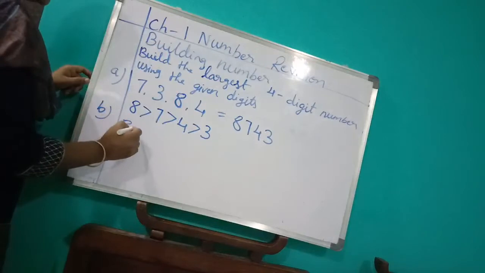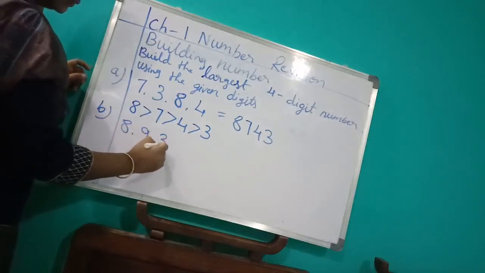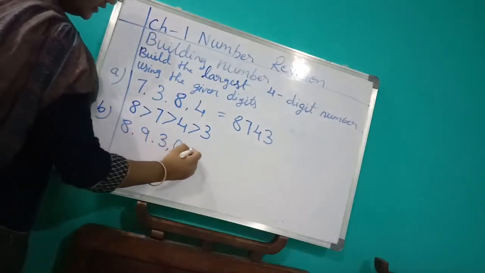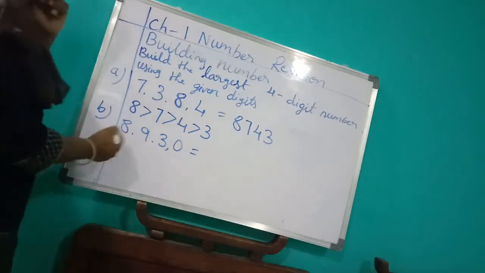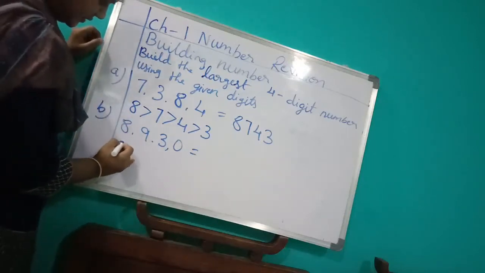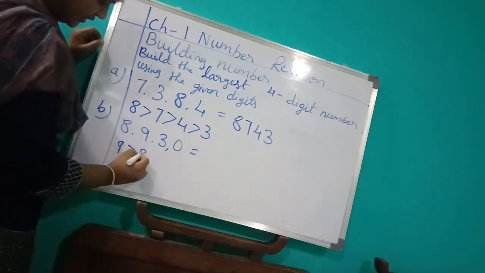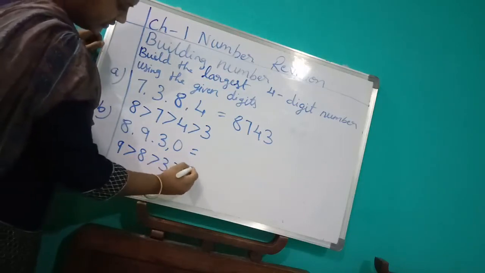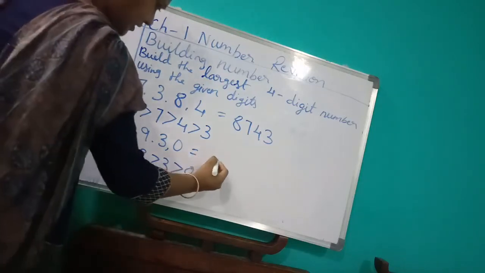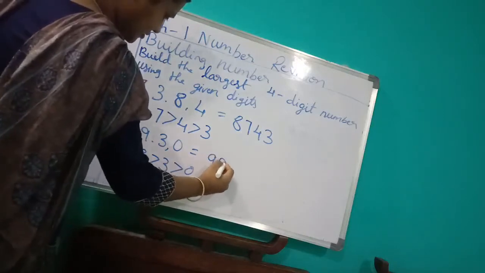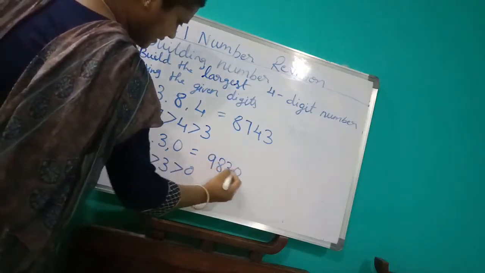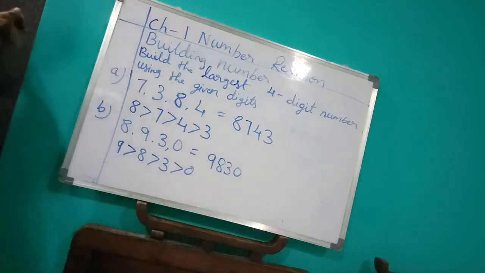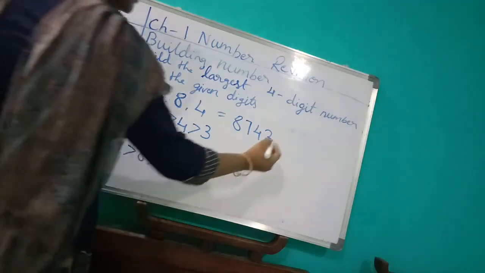Okay. See here. In this number, which one is largest number? 9. After that 8. After that 3. After that 0. Which number is formed here? 9830. Understood, children? Next.